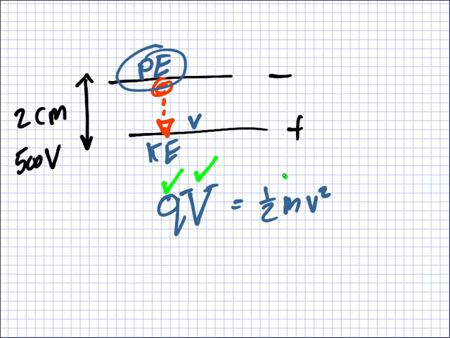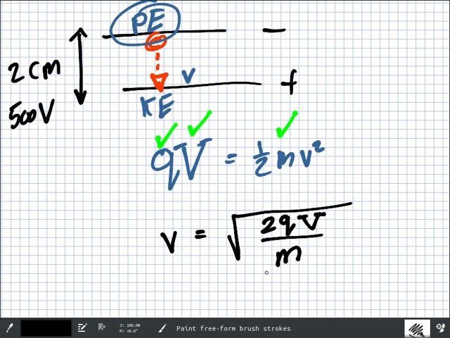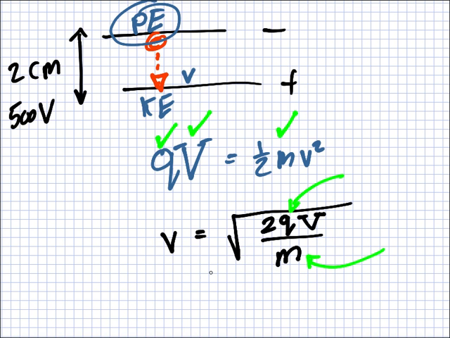And do we know the mass? We do, I gave it to you, mass of an electron. So the speed would be root 2qV over mass. That would be the answer. So if you can take out your calculators, this is the charge of an electron and the mass of an electron, which I gave you last week, I think.